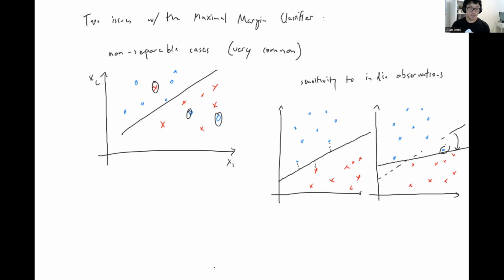Okay, so this is a way of overcoming some of the shortcomings of your MMC, and in this way, you can also help to address the second issue of the sensitivity to individual observations.